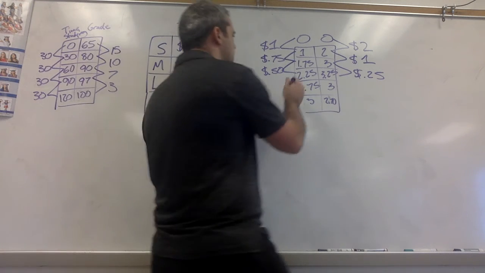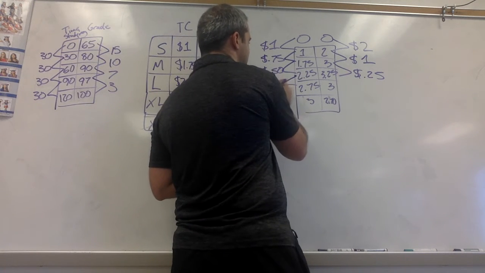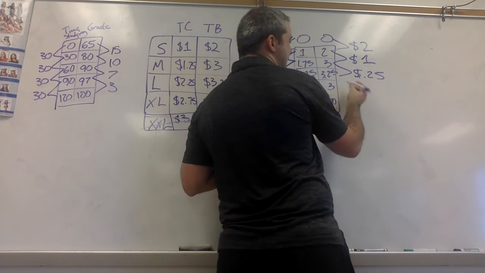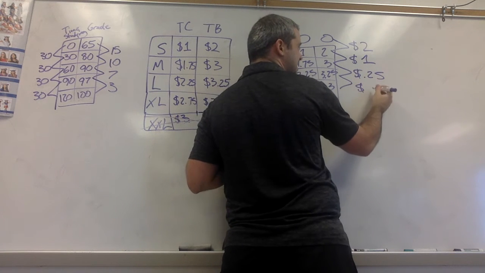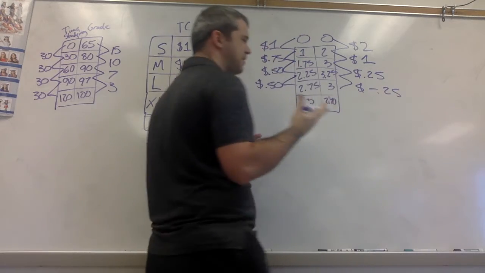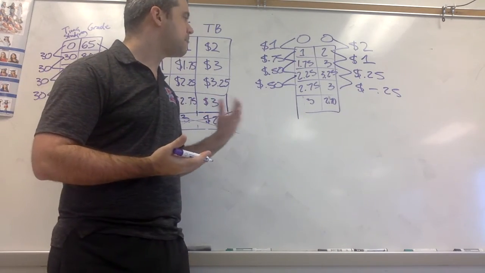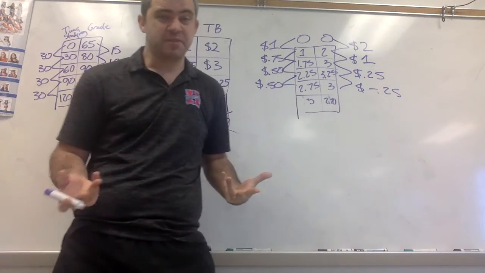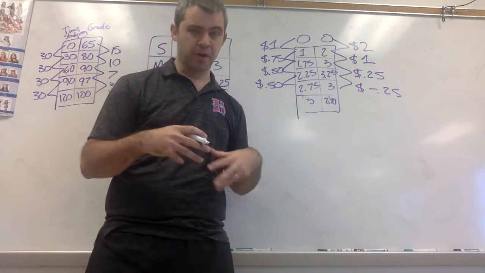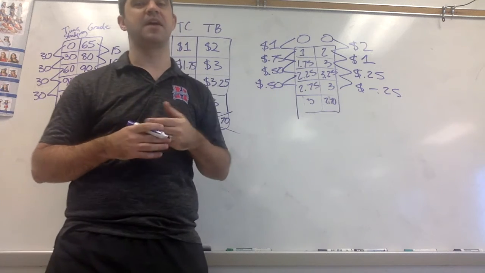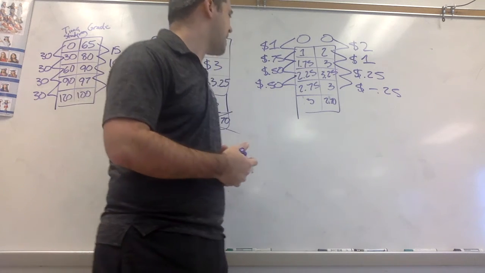And of course, the same thing would happen here. It's another 50 cents. And here my marginal benefit goes negative. And that can happen. You can get to the point where more is actually worse. It's not going to happen all the time.